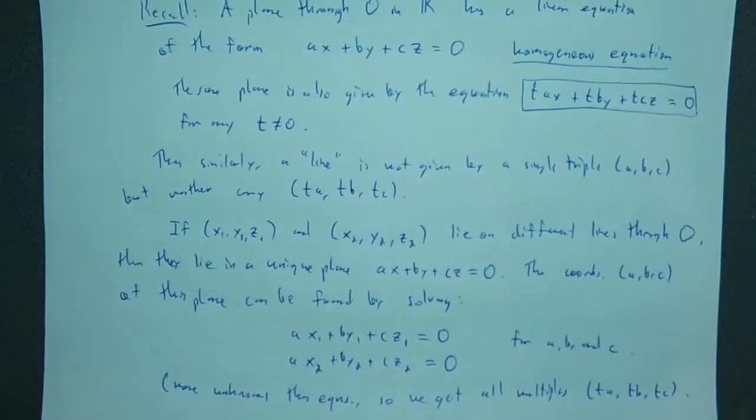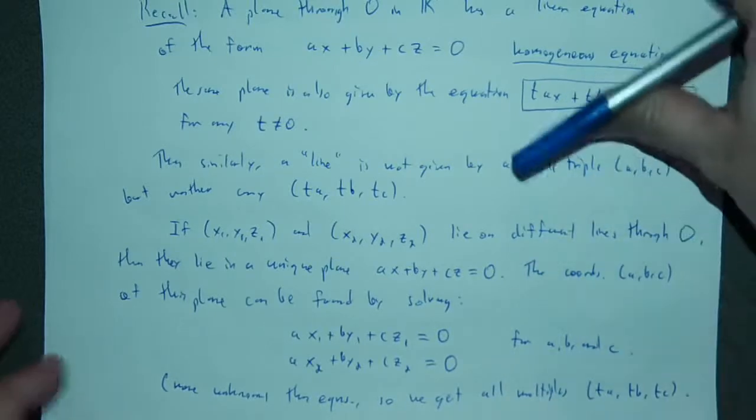So this type of reasoning is exactly the same reason why 2 points lie on a unique line, and there's a similar reason why 2 lines have a unique point in common. So what does this say?